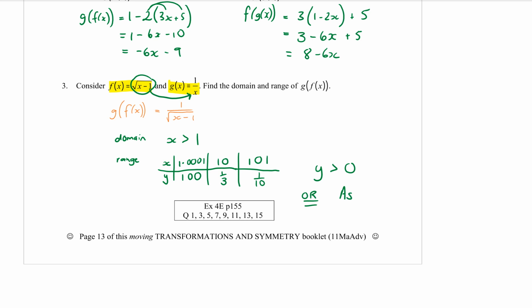Because x was greater than 1 was my domain, I want to see what is happening as x is getting bigger, or is approaching that 1. So I say as x is approaching 1, I want to know what is happening to my y value.